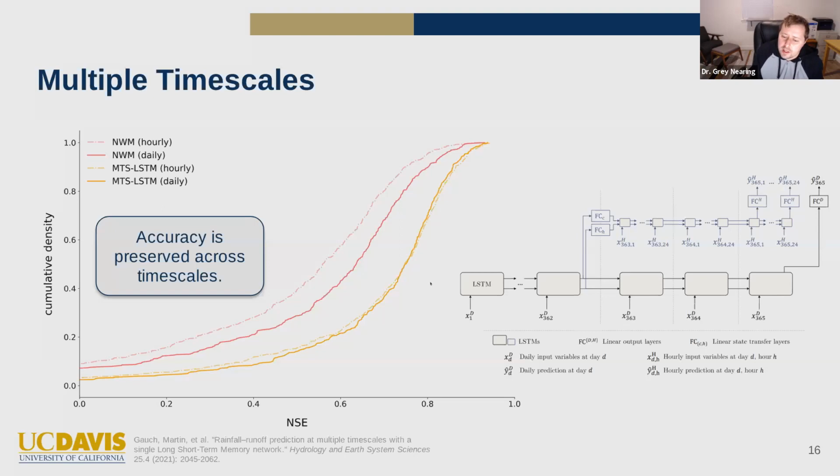So what we did is we had a daily LSTM model, and then at one point when we wanted to start making hourly predictions, we had the daily model roll back to account for hydrological memory, and then we took the cell states and the hidden states of the LSTM, and we used those to initialize the cell states and the hidden states of an hourly model.